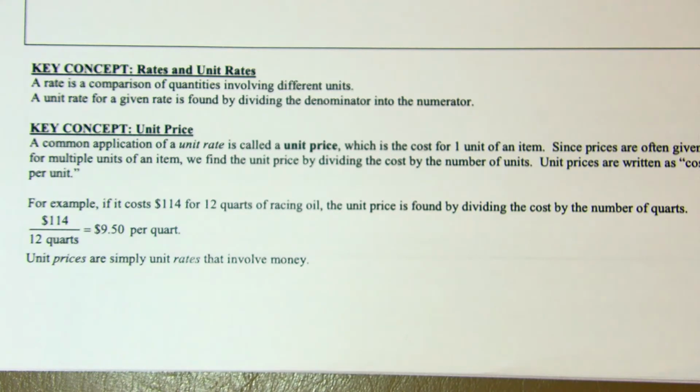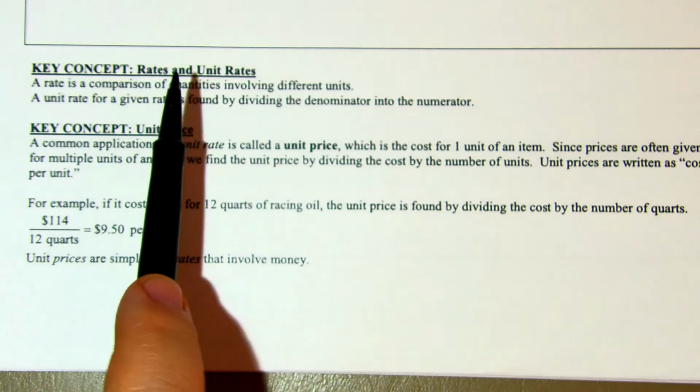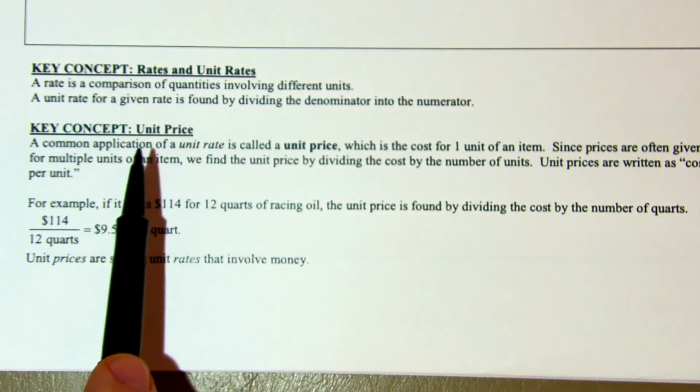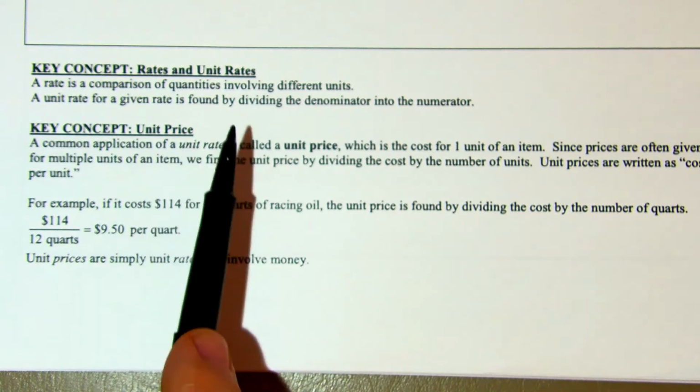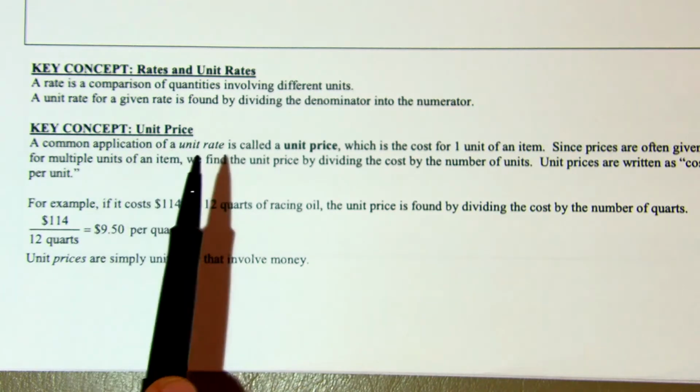It goes down to some unit price, so you can compare. So if there's two different size boxes, the bigger one's going to cost more, but it might be a better deal per ounce, and that's called a unit price. Unit rates and unit price are almost the same thing. It's just that this is a specific type of unit rate that we deal with a lot.